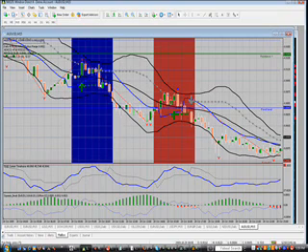And here you have, on the close of this candle, a signal to go short. So you have two indicators, and the third one, the price closing back below the MA.